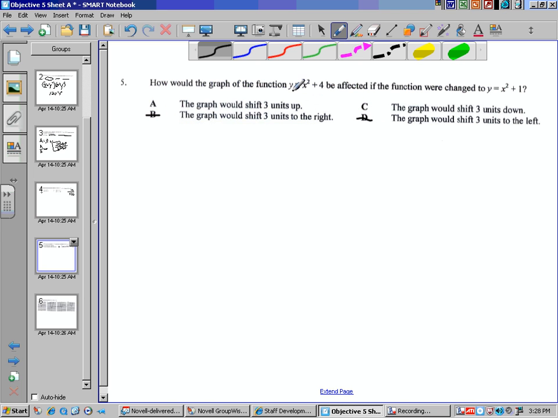If you have a graphing calculator, you could put this one into y1, this one into y2, and press graph and actually look at it. Now you have to be careful on what it says because you have 3 units up and 3 units down. It's saying how would this graph be affected if we changed it to plus 1? So what do we have to do to go from 4 to plus 1? We will go down 3 units. So the answer is C.